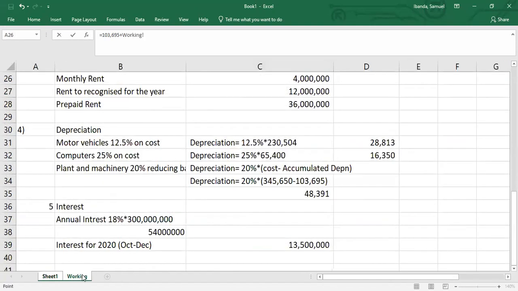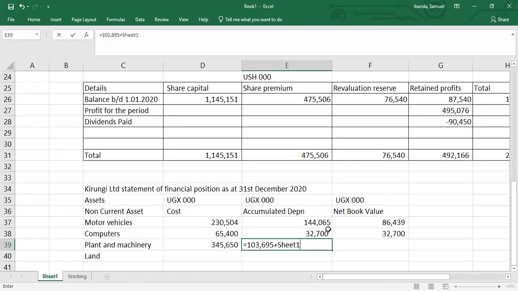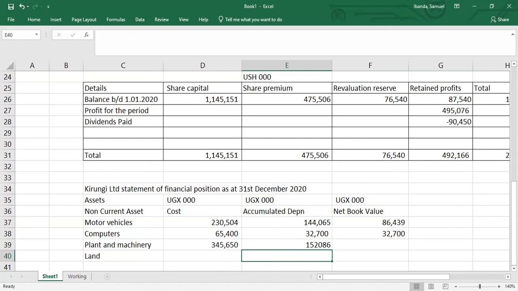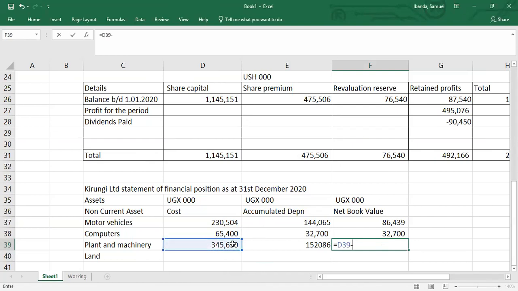For this, it was 48,391, which gets me 152,086. So when I get the difference, this minus this gets me to 193,564. That is what I basically get.